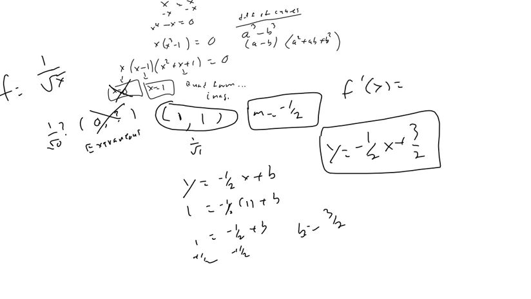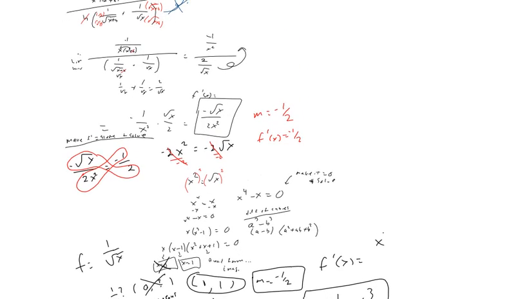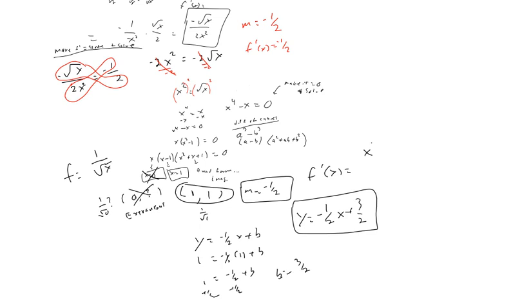I forgot what the derivative was. Negative root x over 2x squared. If you didn't find the equation, this function here, as long as you found the point, the slope, and the derivative, that was okay.